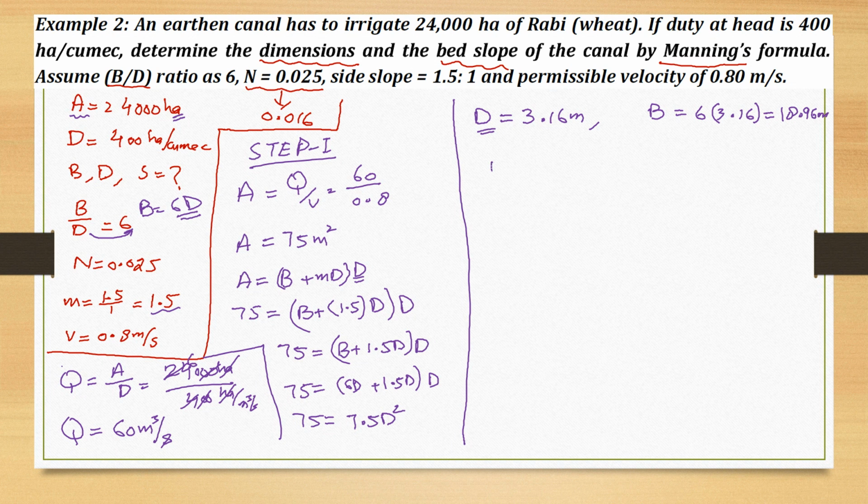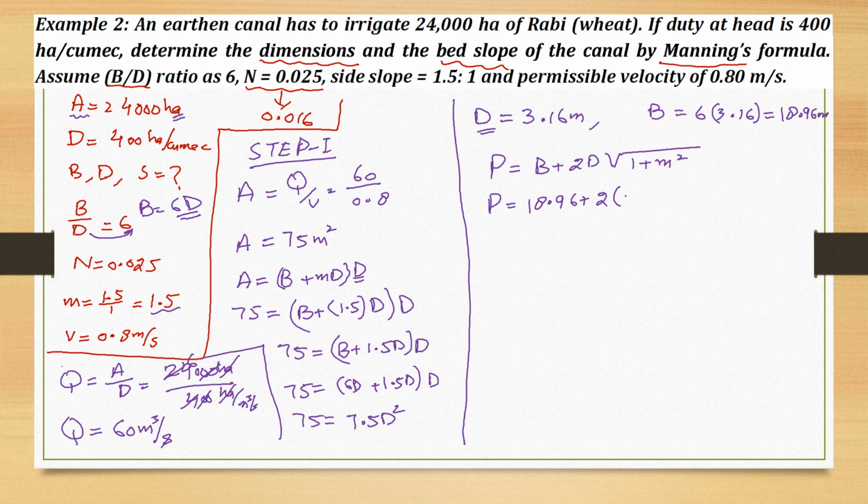For S, we have to calculate P. What is P? That is B plus 2D into square root of 1 plus M square. So what will be perimeter here? B is 18.96 plus 2 into D, what is the value of D?